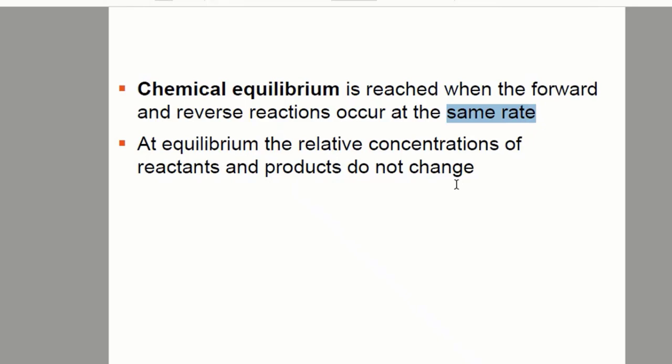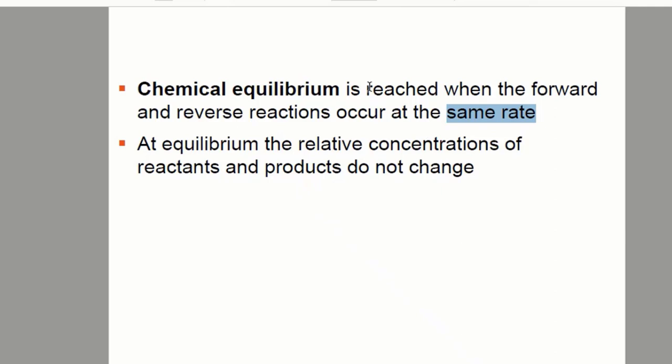So there will have to be a point where the starting points and the final products do not change. They happen at the same time. But for the benefit of your answering, you just need to know that it's a point in a chemical reaction where the forward and the reverse reaction occur at the same time. Why am I saying in a chemical reaction?